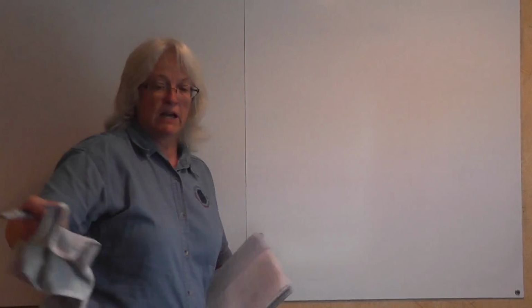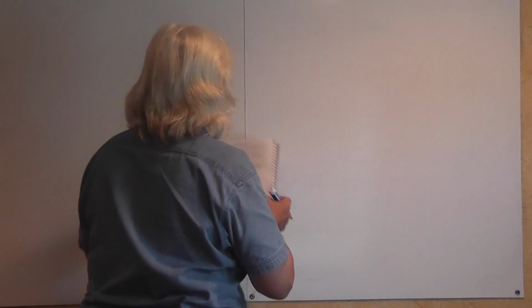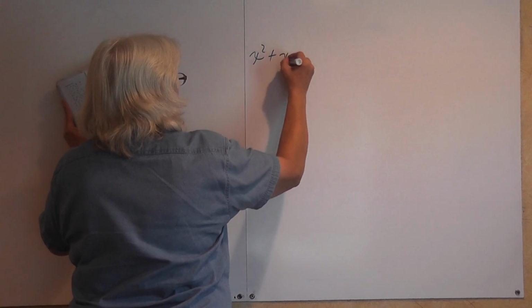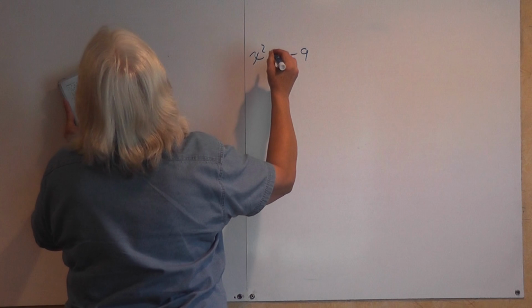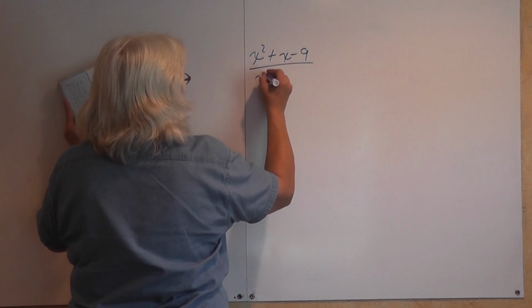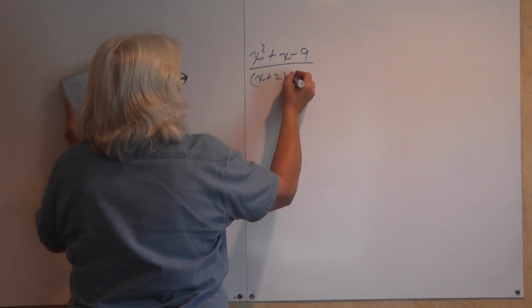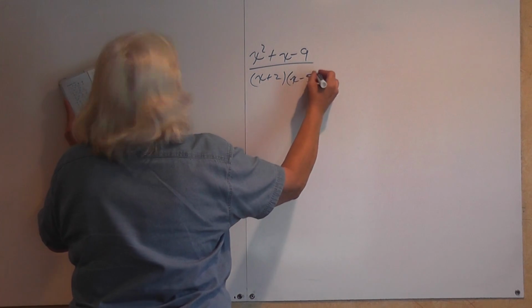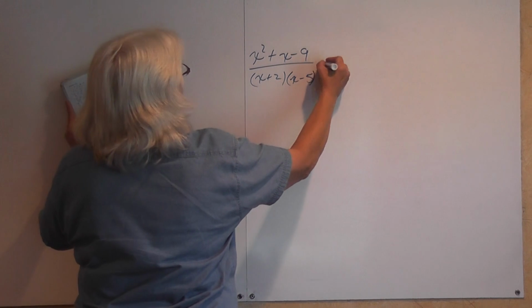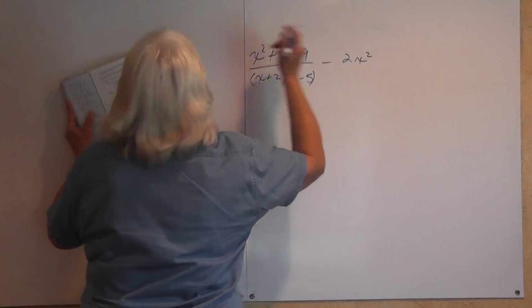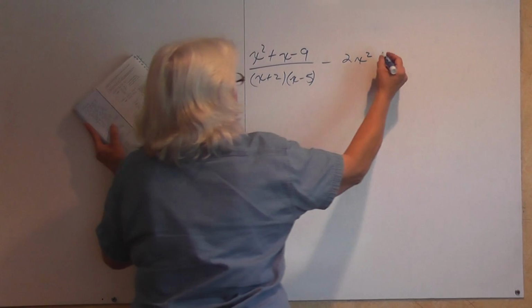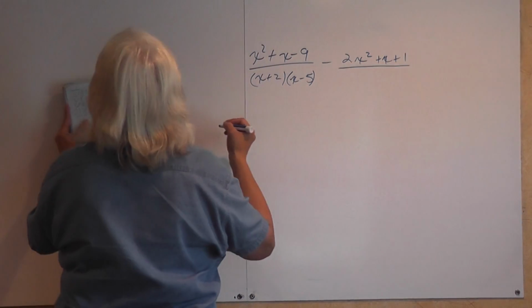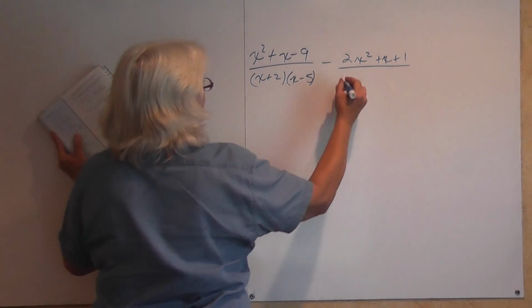Let me show you this last problem here. x squared plus x minus 9, all of that over the quantity x plus 2 times the quantity x minus 5, minus 2x squared plus x plus 1 over x plus 2, 5 minus x.